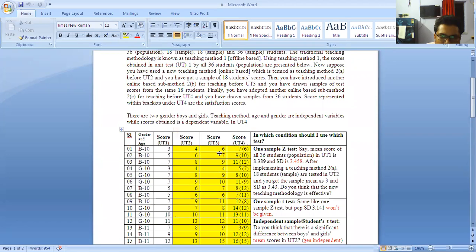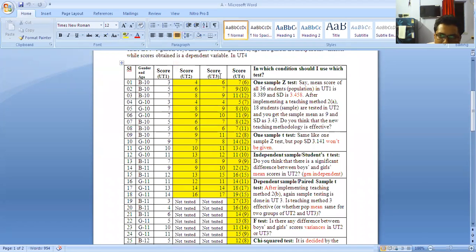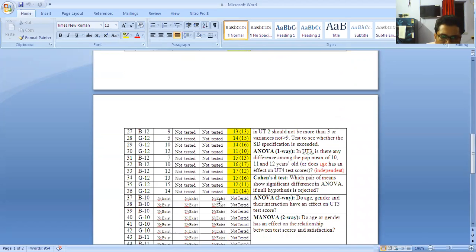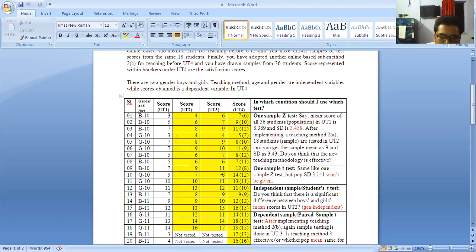Similarly, in unit test 3, 36 students have registered, but you have got the scores for only 18 students. You have got the sample size.